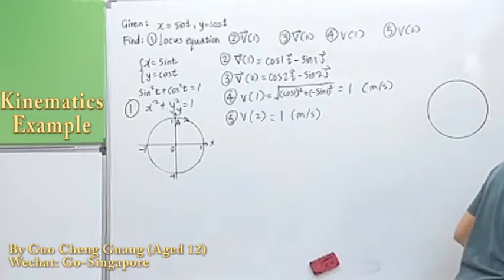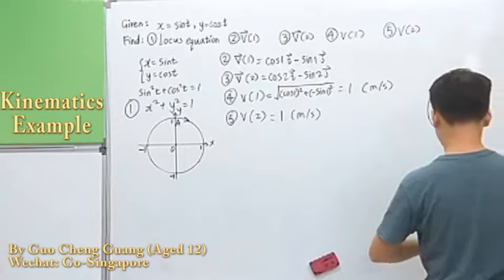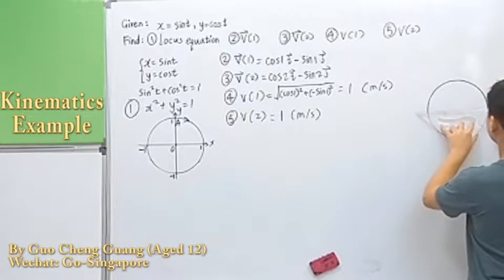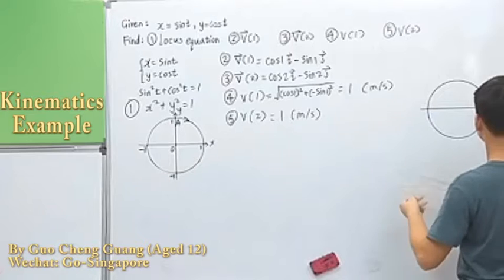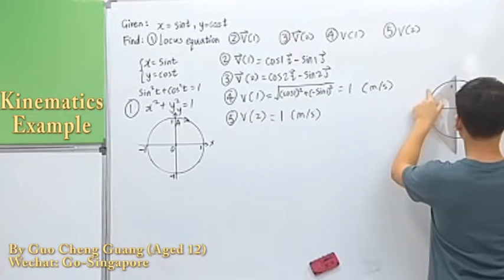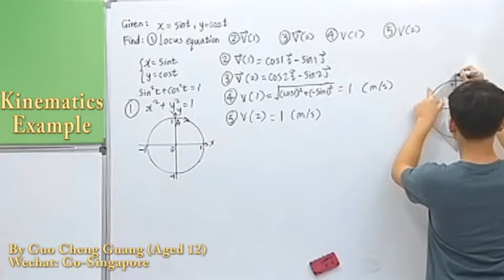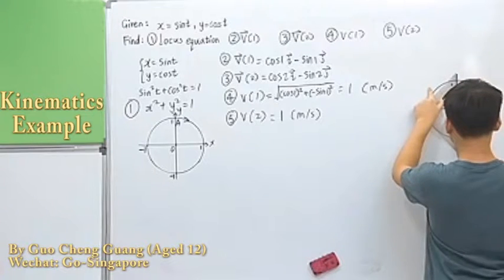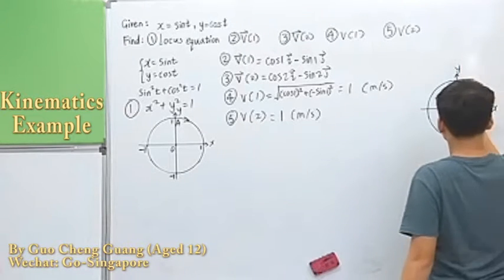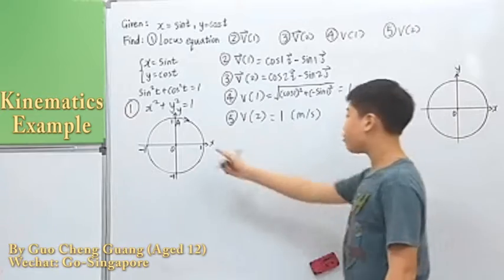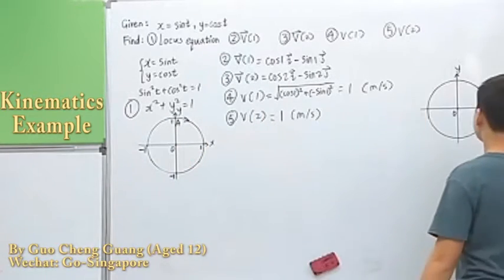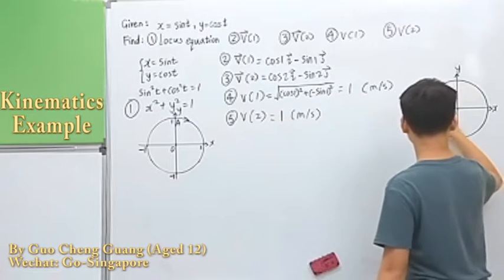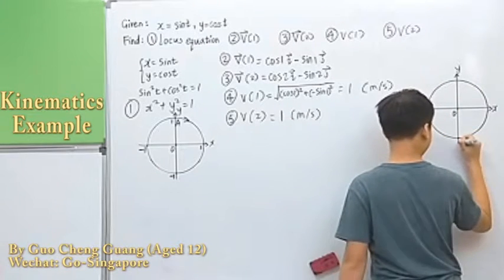Okay, like this. Down here, of course, you have your axis. Then we already have one example over here where it starts from the top there. So what if it starts from here?